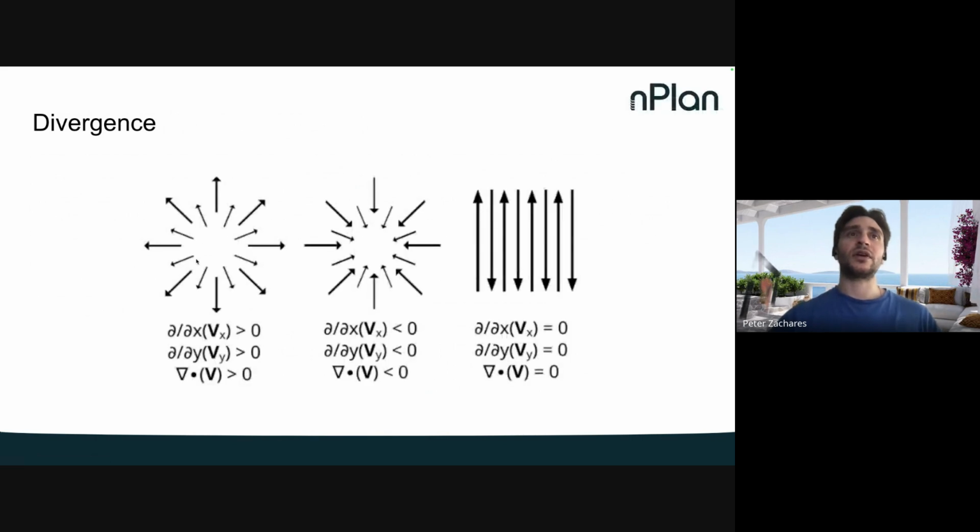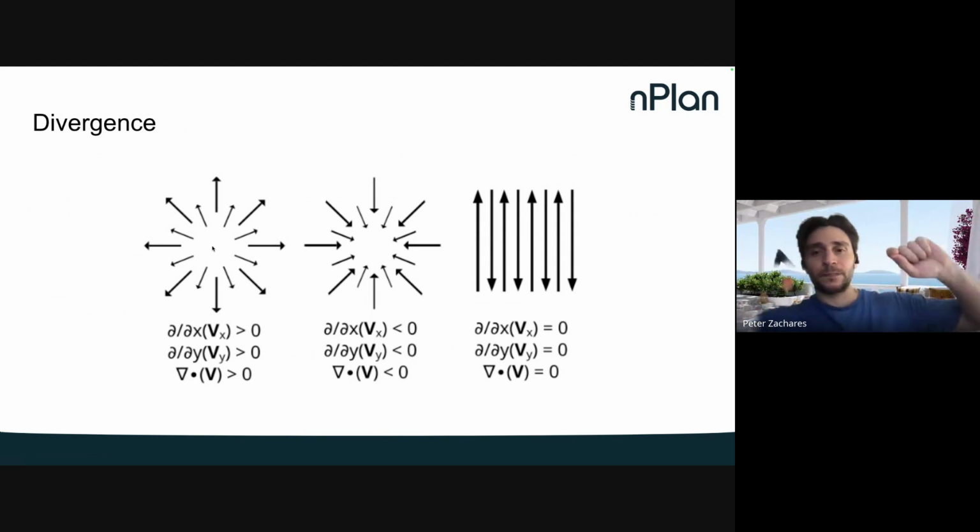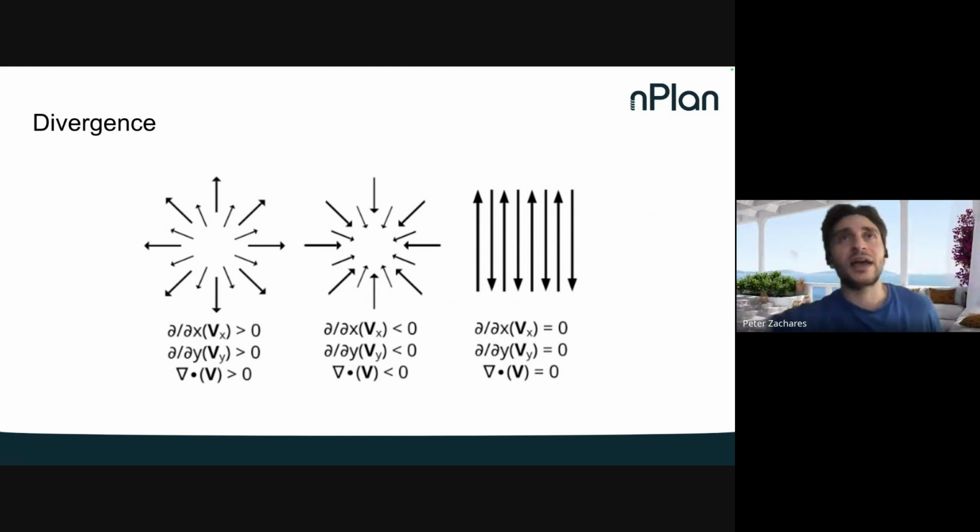So I thought this diagram might help. You have some point in space, and you have a vector field, which is just something defining a vector at each point. And so the divergence is saying how many of these vectors are pointing into the point, and how many are pointing out of the point.